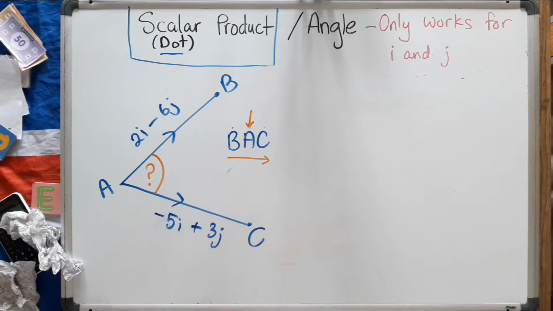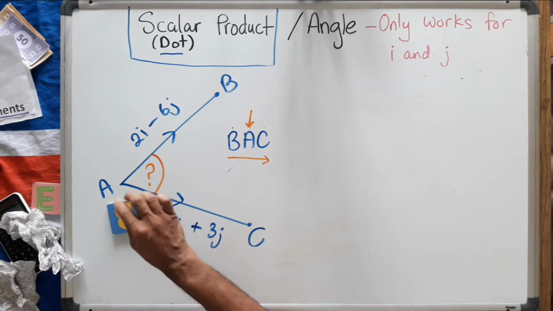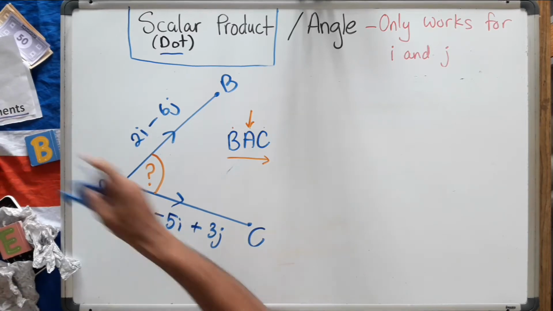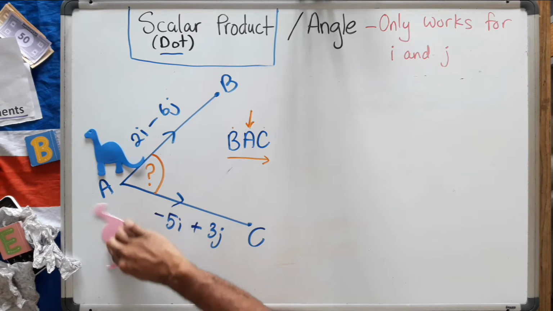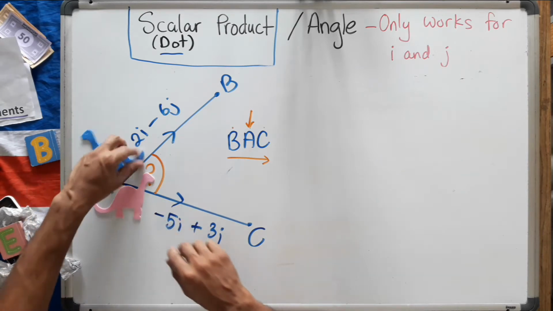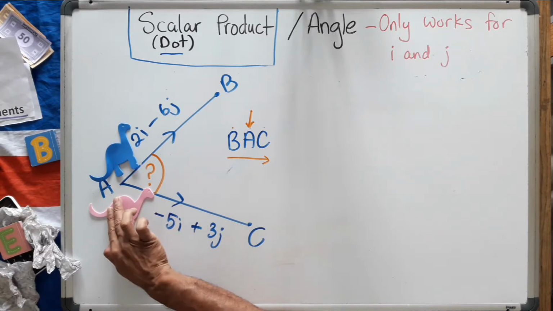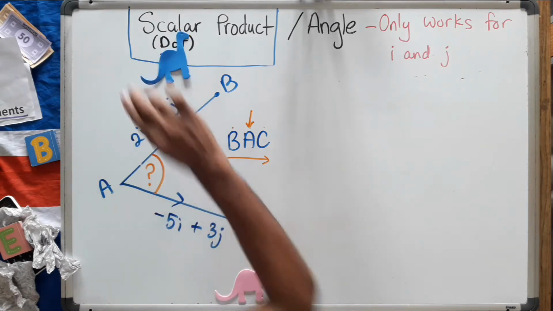Anytime they want you to find an angle, pretend that you are standing by the angle. So I'm going to pretend to have 2 dinosaurs standing at point A. And the 2 dinosaurs are going to race out from that point. So this dinosaur is going to run outwards from the angle, and this one is going to run outwards from the angle.